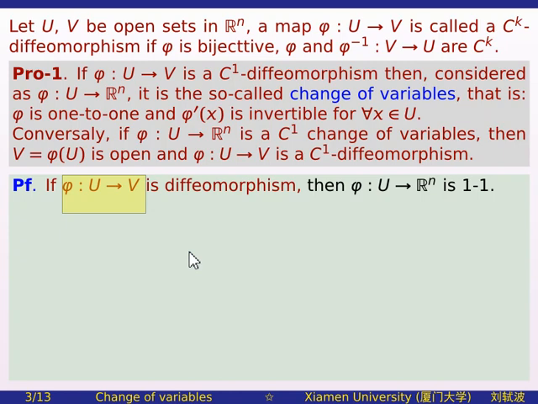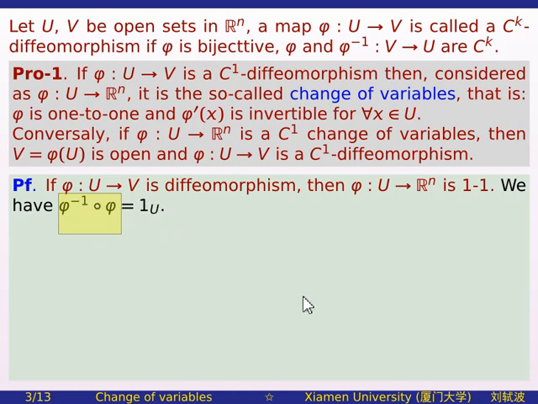Now, our assumption is that this is a diffeomorphism. In particular, as a diffeomorphism, the inverse map is also C1. Therefore, we consider the inverse map of phi, a map from V to U, and their composition is precisely the identity map in U. So we have this result: the inverse of phi composed with phi is precisely the identity map.